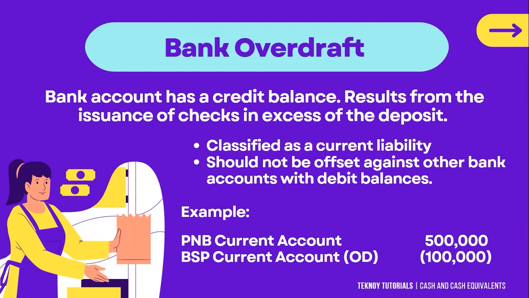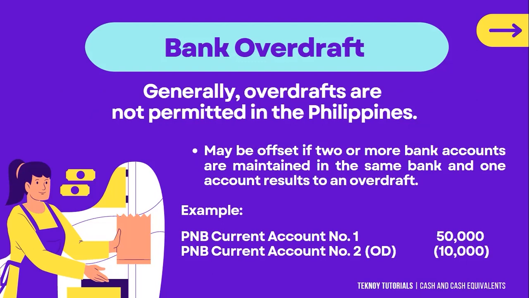However, as an exception to the rule on overdraft, when an entity maintains 2 or more accounts in one bank and one bank account results in an overdraft, such overdraft can be offset against the other bank account with a debit balance in order to show cash.